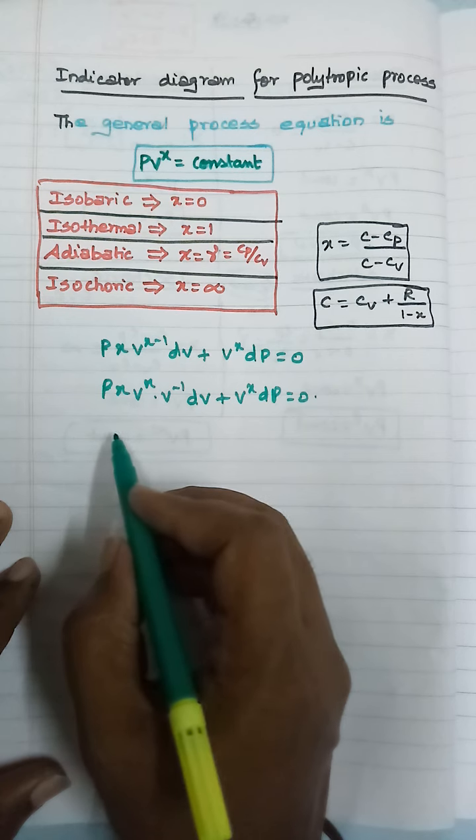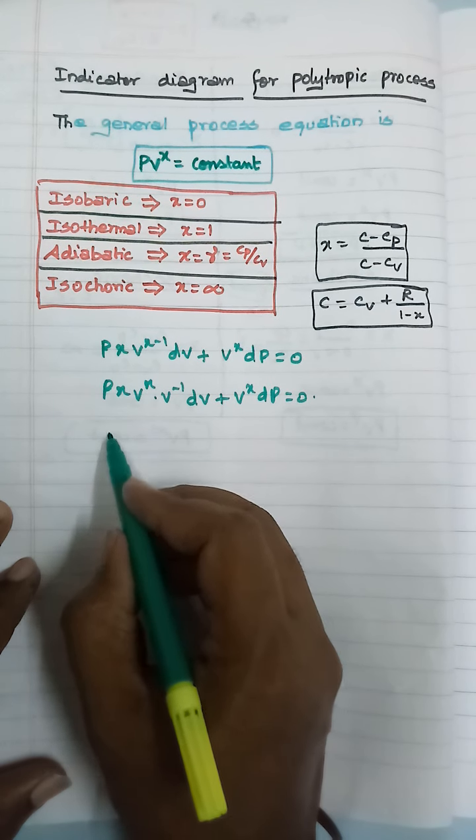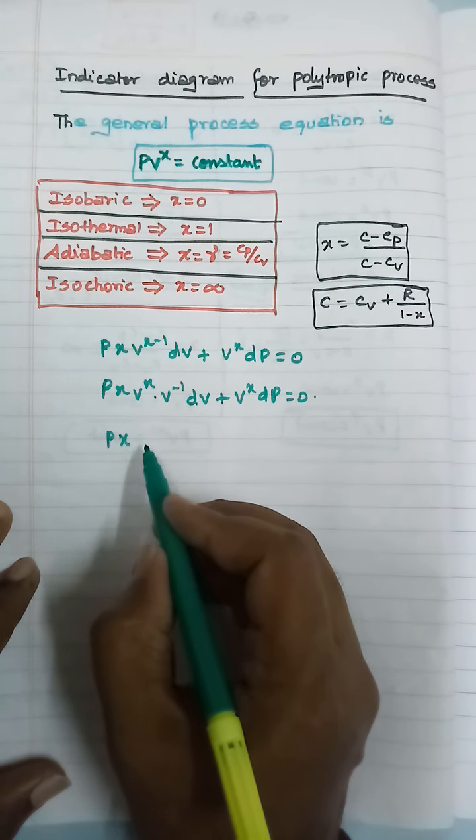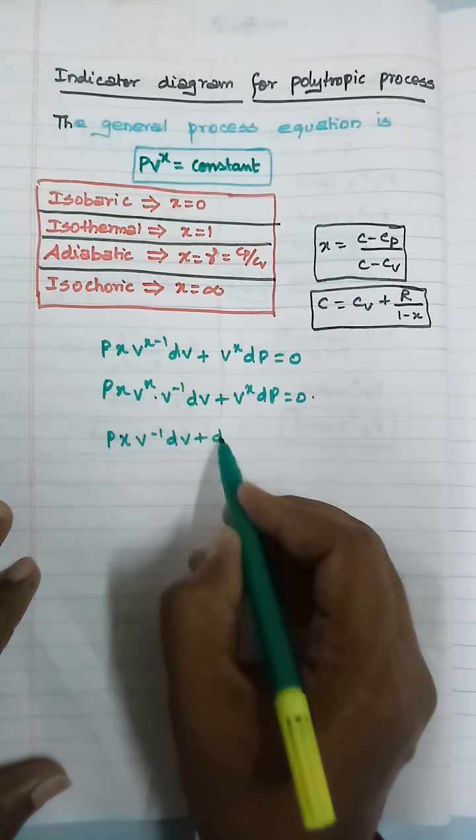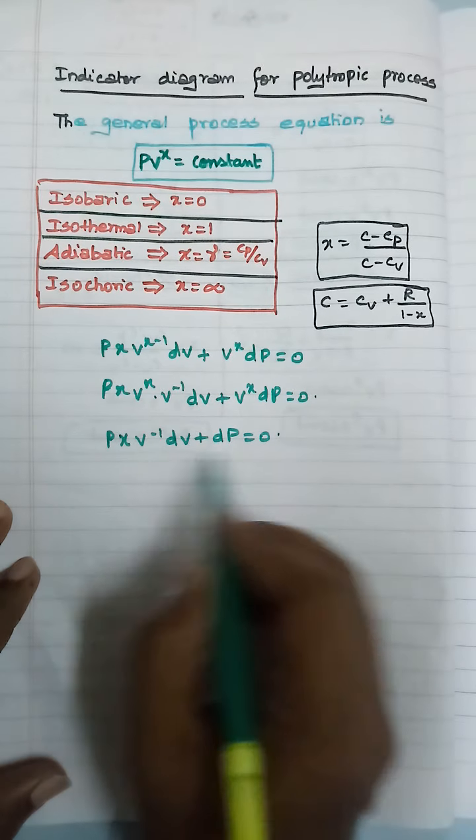Divide by V^x on both sides, and it becomes P x V^(−1) dV + dP = 0.